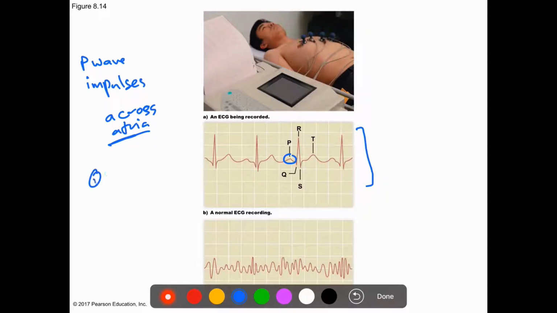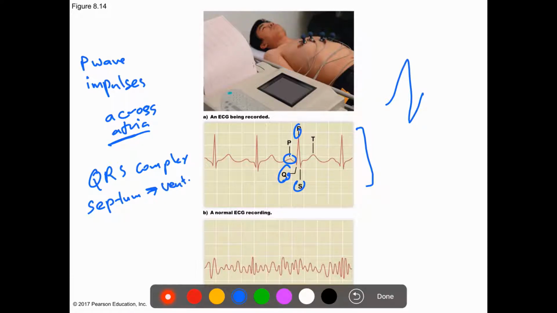Then we have the QRS complex, this one, the very famous one. It means the spread of impulses down the septum and to the ventricles in the Purkinje fibers. And the last one is the T wave, which means it's the end of electrical activity in the heart.